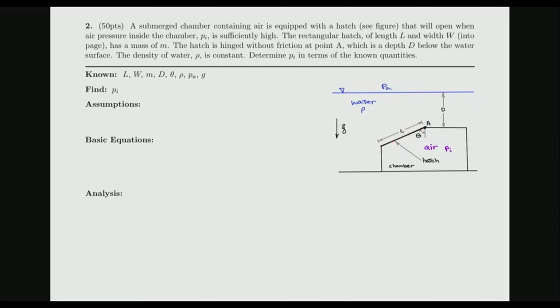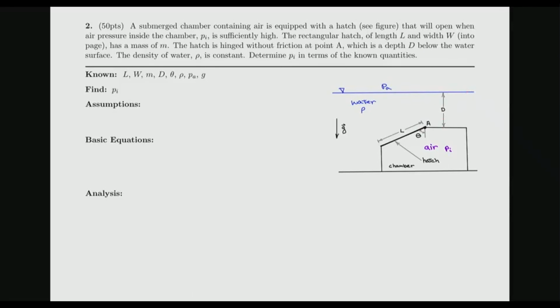The hatch is rectangular, so it has a length L and a width W into the page. It also has a mass M. So it's kind of a heavy hatch, with mass M. The hatch is hinged without friction at point A, and point A is located at a depth D below the water surface.